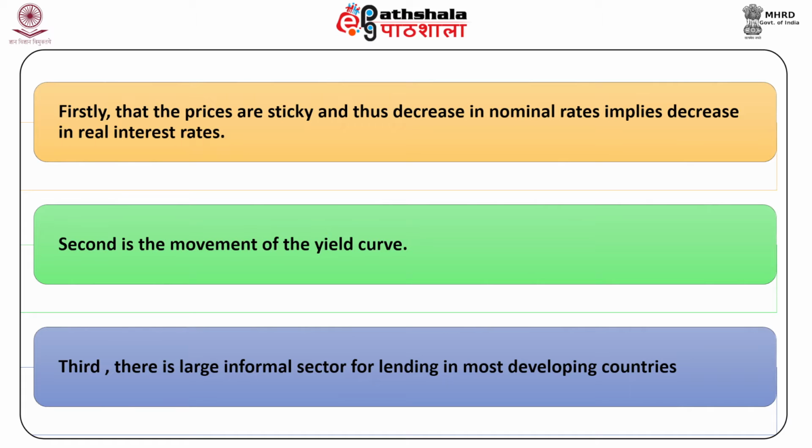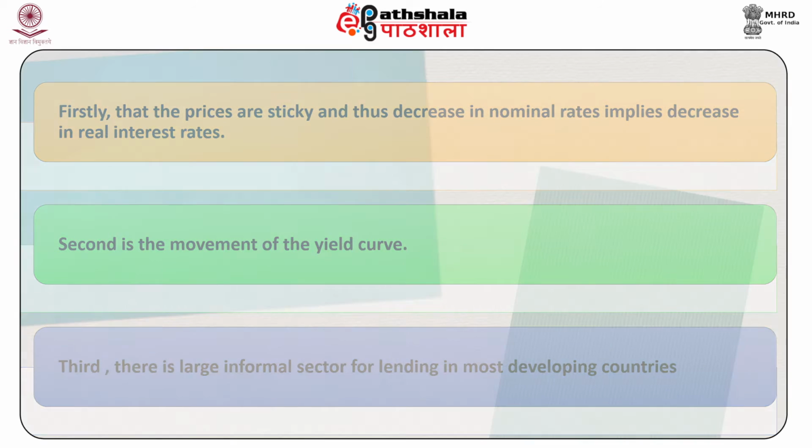The size of this sector and the nature of its linkages with the formal financial system has important consequences for monetary policy transmission. When the central bank raises rates, the monetary policy transmission tends to be weak because this does not directly affect informal finance. This kind of informal lending may weaken the traditional interest rate channel in case of developing economies.